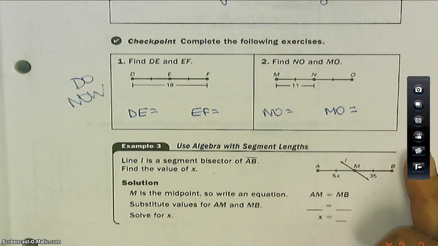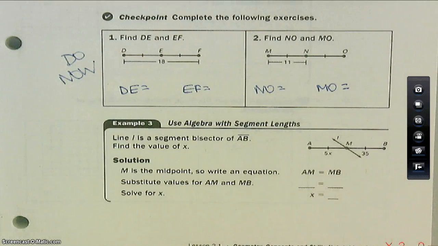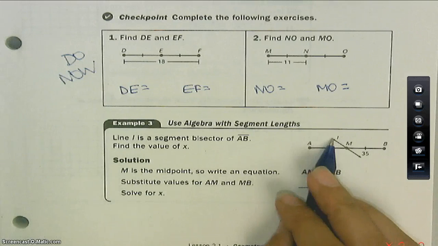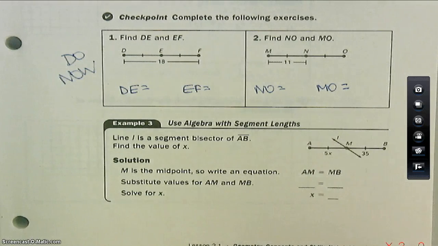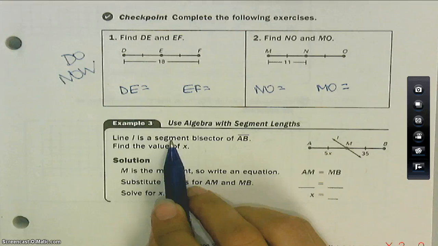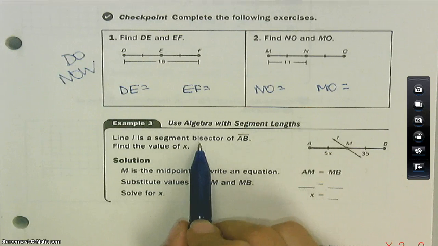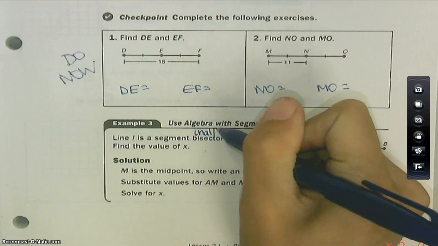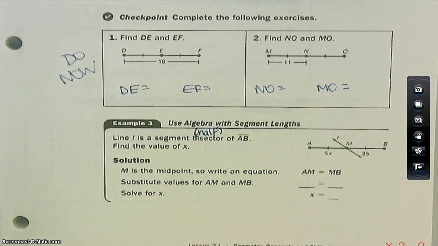Now we're going to do the same idea, but with a little bit of algebra. It says line L, right here, is the segment bisector. All right, we got to remember segment bisector means, bi means cut in half. So I'm going to write myself a little note there. So we're going to have two equal parts, right?